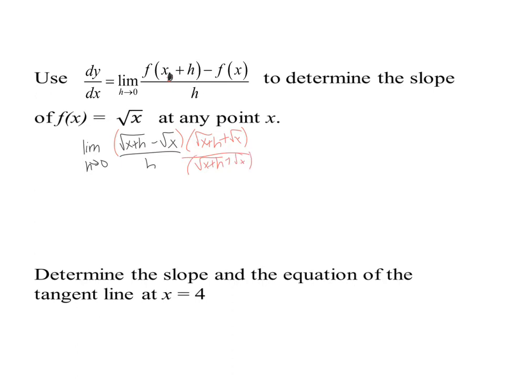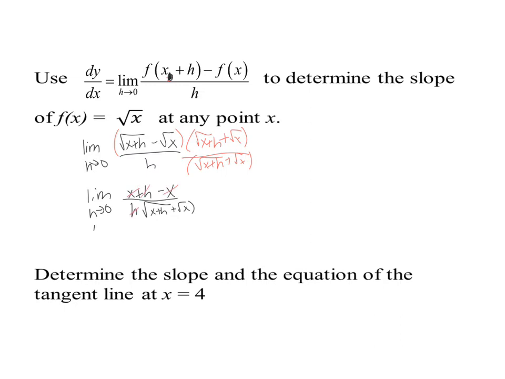Now you can see when we FOIL out the top, we'll get just x plus h for the square root part, because the middle terms would cancel, and then the x times x square rooted would cancel as well. So all of that simplifies quite nicely, and we're good to go because on the top, x minus x cancels, and you can see we have h divided by h.